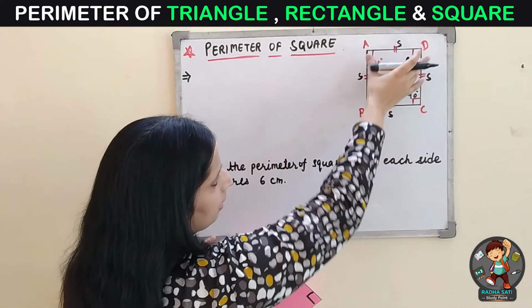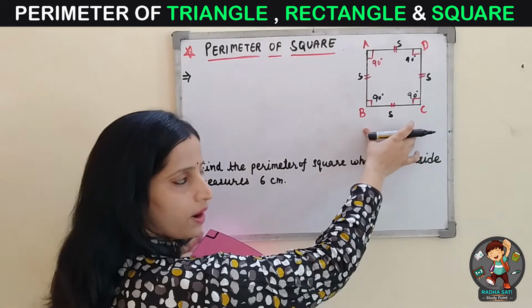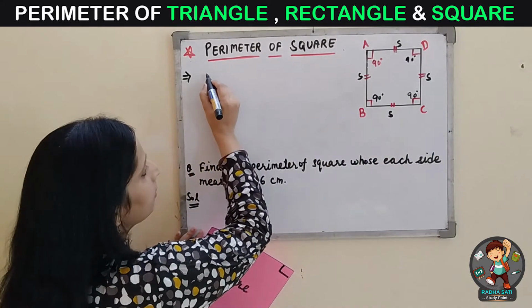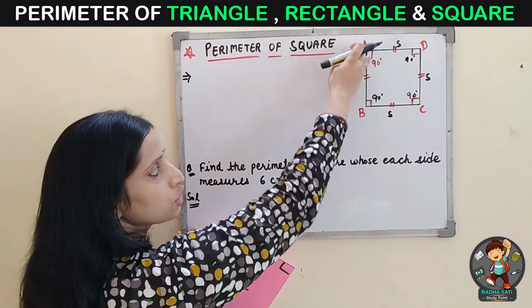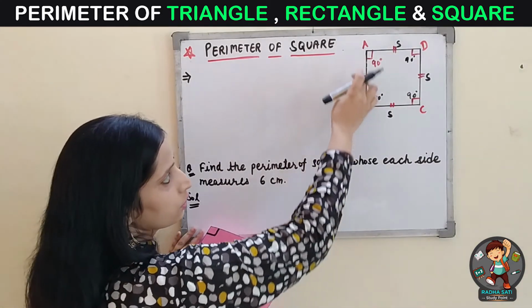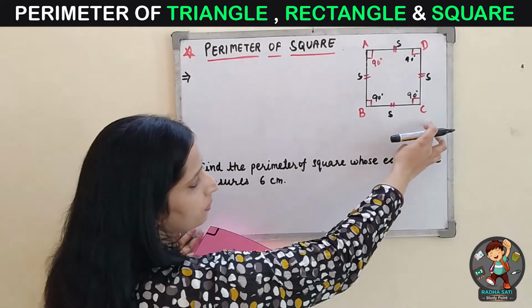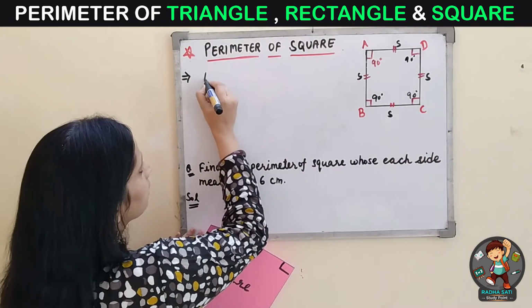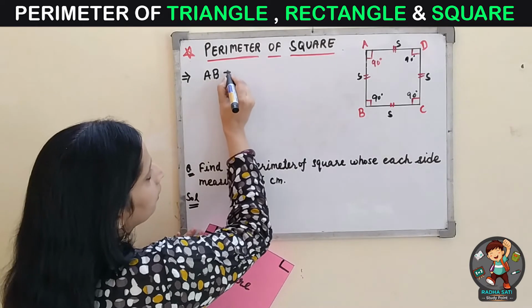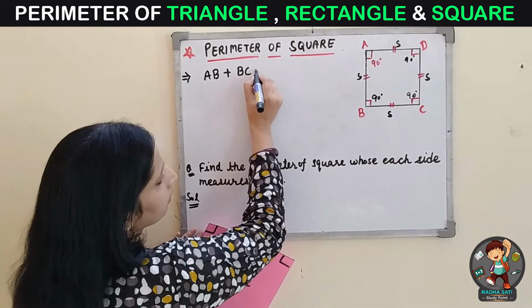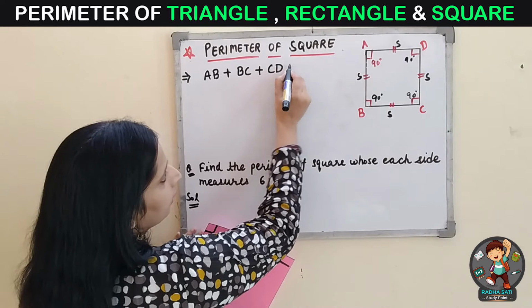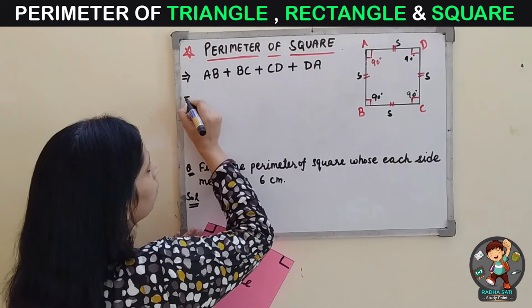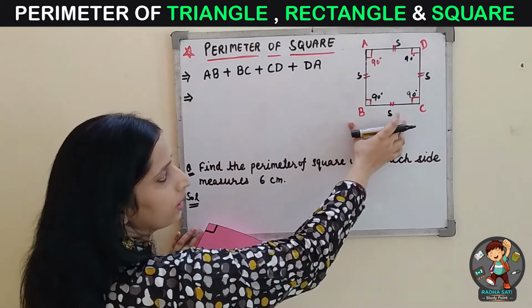Okay. So for example, in this square ABCD, we have to find out the perimeter. So the perimeter will again be the sum of its sides. So its sides are AB plus BC plus CD plus DA. Let's write AB plus BC plus CD plus DA. And we know that all the sides are equal in length.